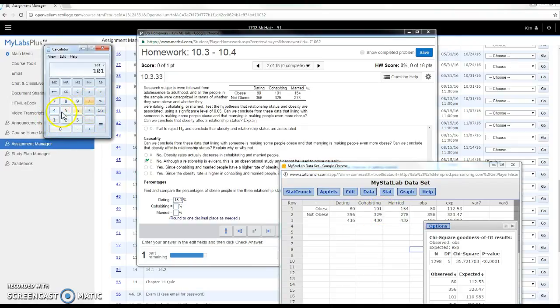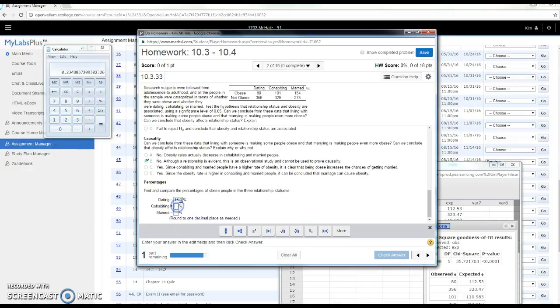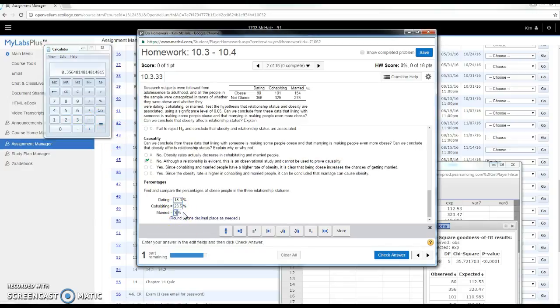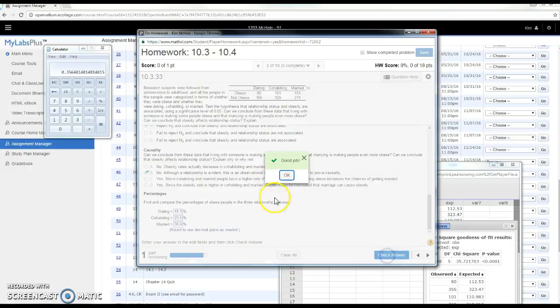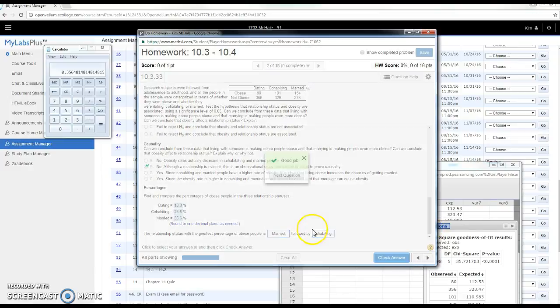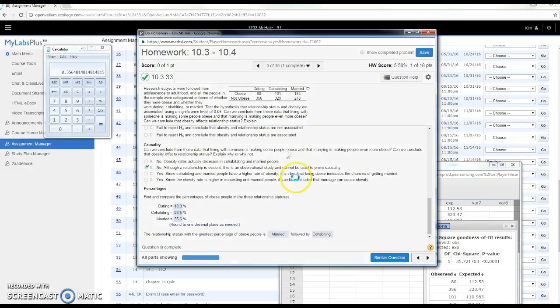This is going to be a long video. 23.5%. So it does look like there's a difference. And then of married, it's 154 out of 432, which is 35.6%. The relationship status with the greatest percentage is married, followed by cohabitating. Probably not that surprising. Hope that helps.